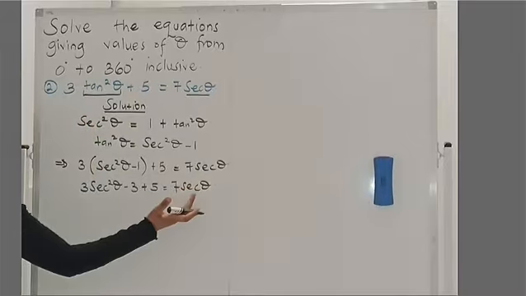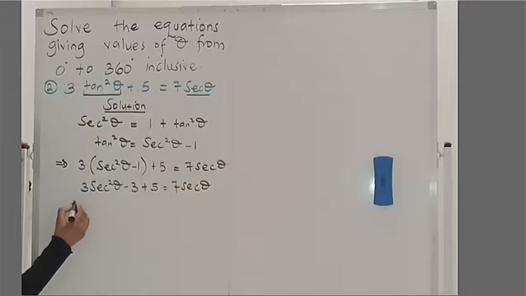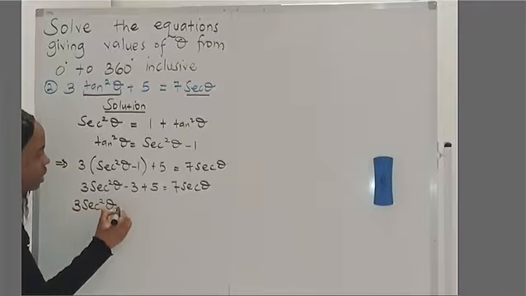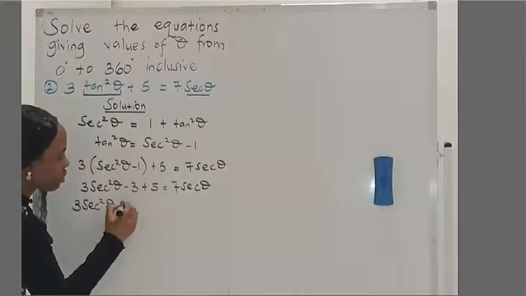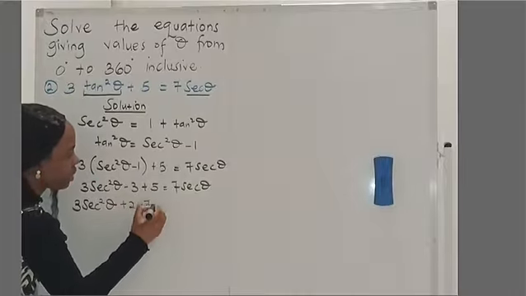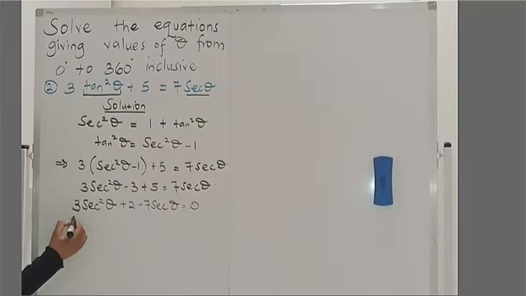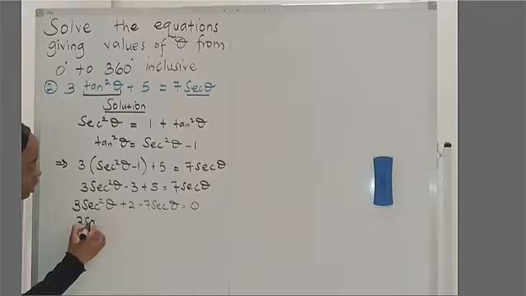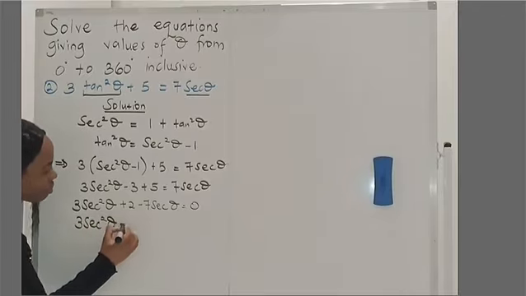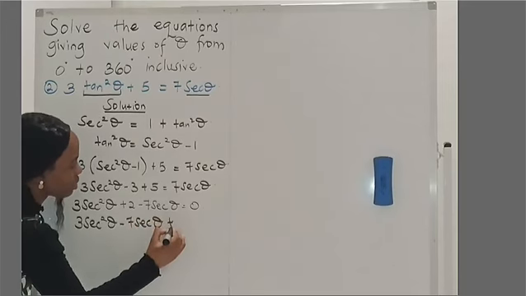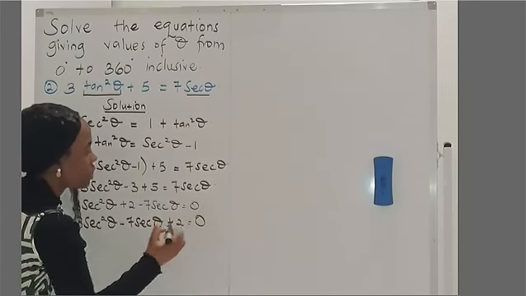Okay, now bring everything to the left. You have 3 sec squared theta, plus 2, minus 7 sec theta equaling to 0. Rearrange: 3 sec squared theta minus 7 sec theta plus 2 is equal to 0.